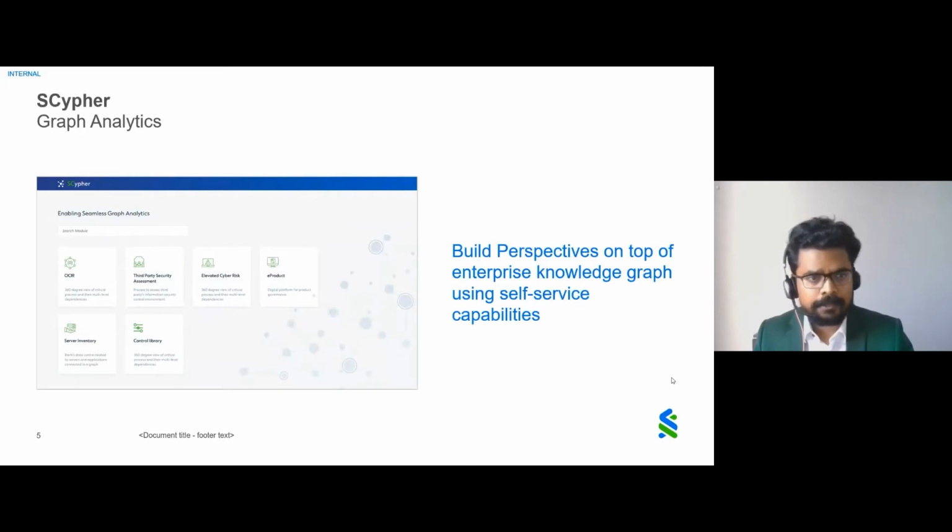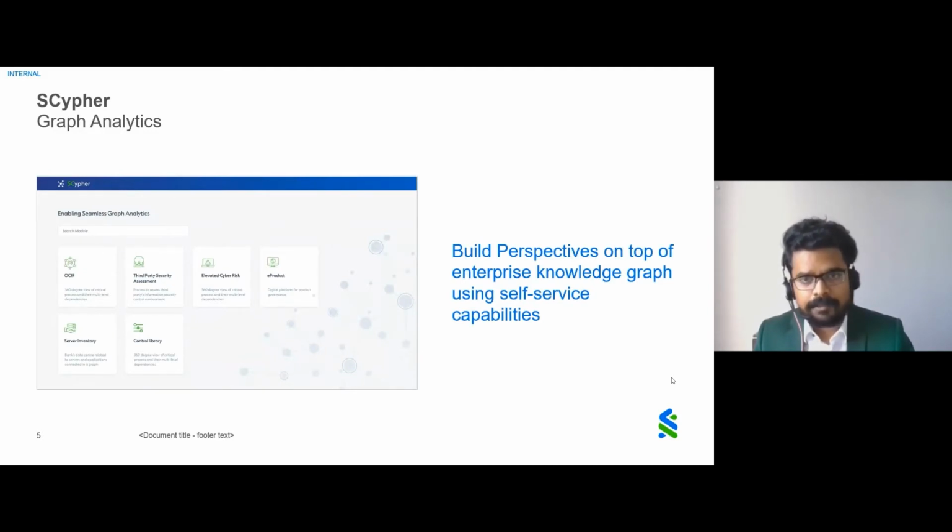So the use cases which we have already built within Cypher are basically operational continuity and resolution, which is the complete service catalog of the bank, the codified operating model of the bank.